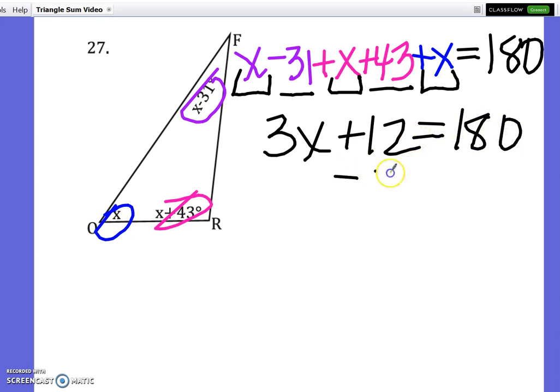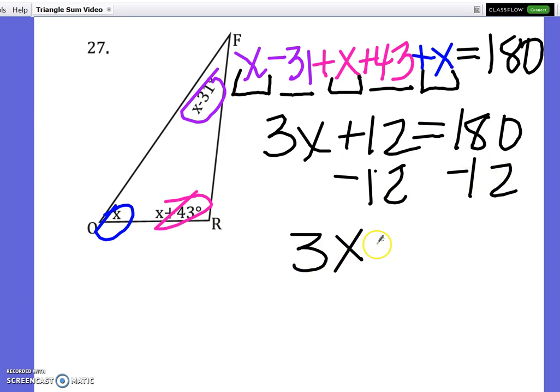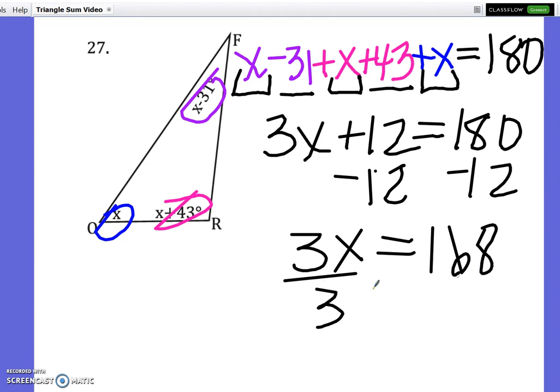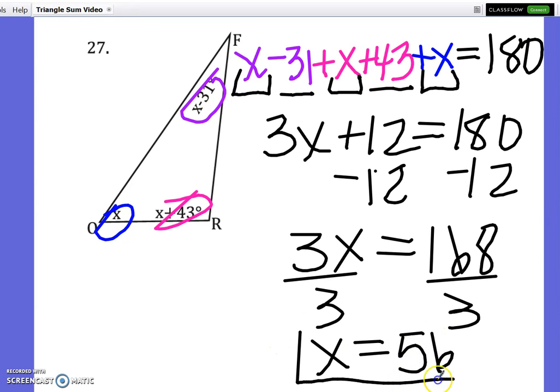So I'm going to subtract 12 from both sides. 3x is equal to 168. Divide both sides by 3. And x is equal to 56. That's my answer, and I'm done.